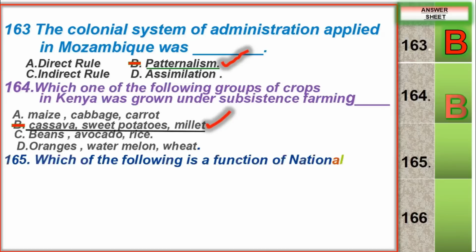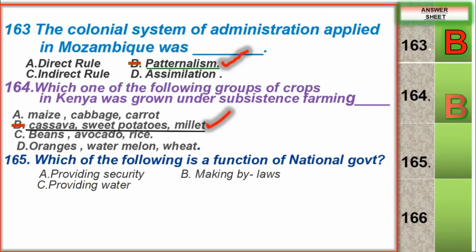Question 165. Which of the following is a function of national government? Govt is the abbreviation of government. Making bylaws, that is done in parliament.